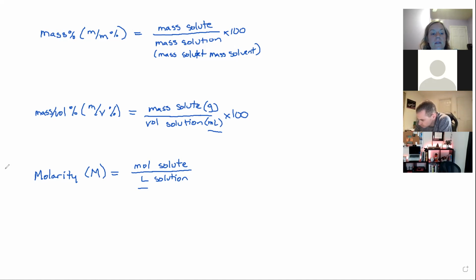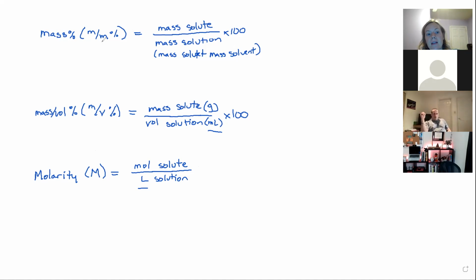I feel like this is used the most often in real life settings. If we were in lab together, you'd be seeing containers pretty regularly that say, hey, 6 molar HCl, 1 molar NaOH solution, this, that. So when looking at all of these, they're really just equations with 3 variables, right?